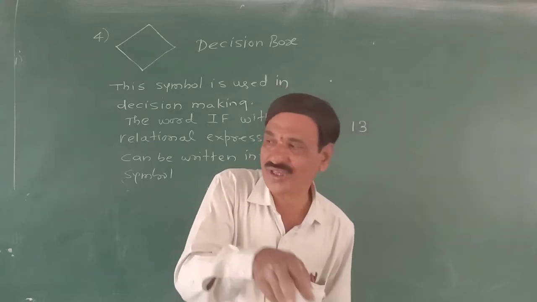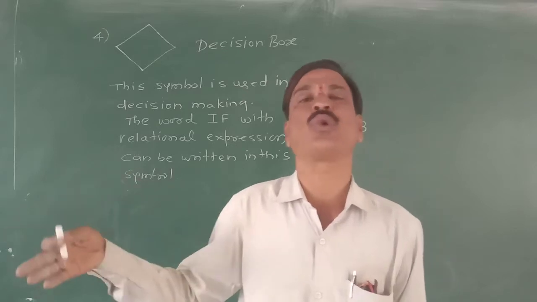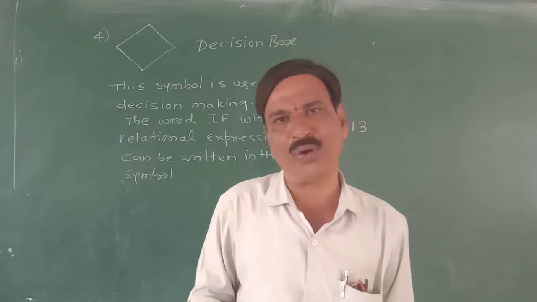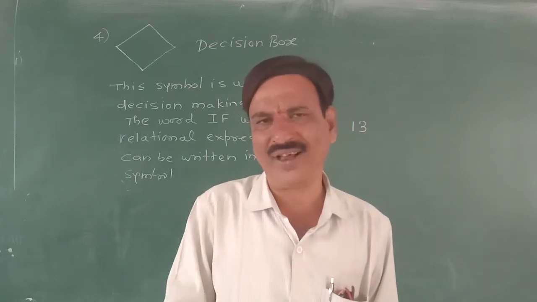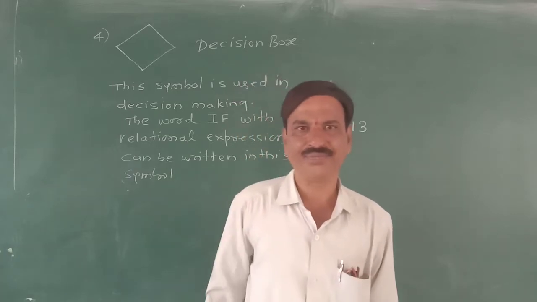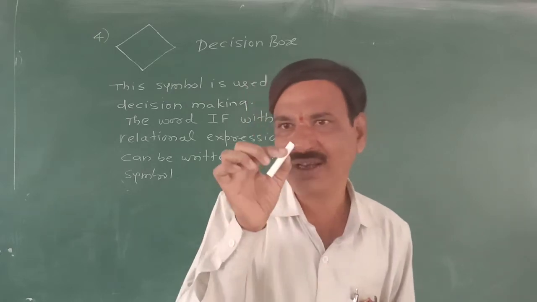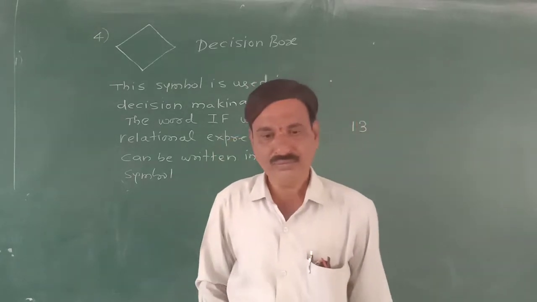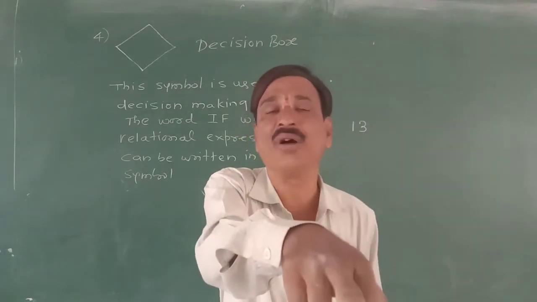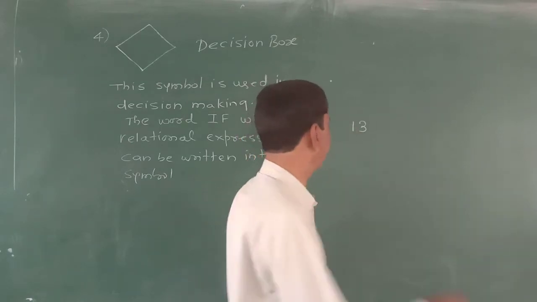But when the same problem I am interested to solve by using a computer, at that time my question to the computer is, print whether given number is odd or even. Listen carefully to what I am saying. My question to computer, print whether given number. So it is us who are giving the number, that is input.